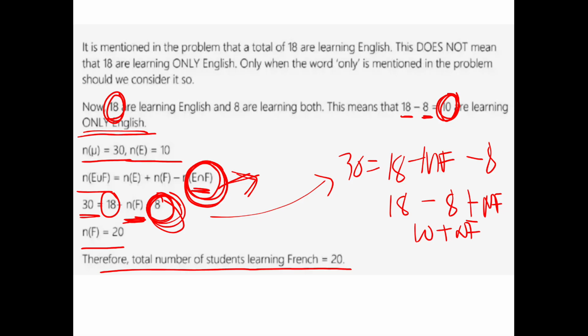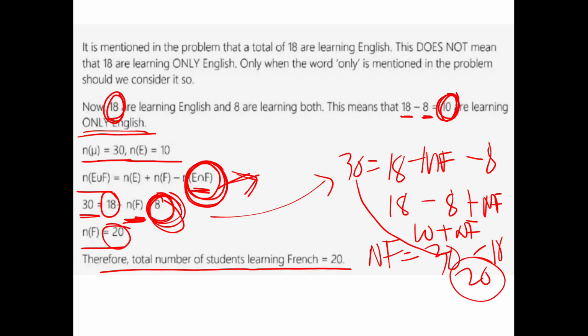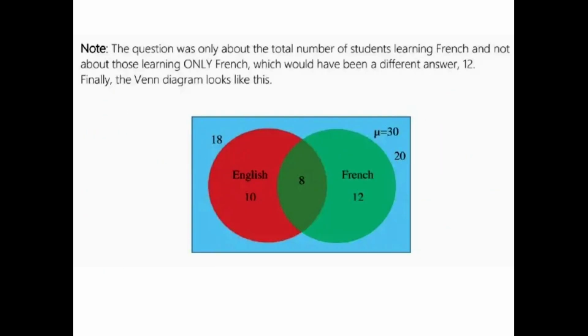Then we transpose the 10, so NF is equal to 30 minus 10. Therefore, we get 20. Again, the total number of students learning French is 20. So, the number of students learning English is 18, and the number learning French is 20.